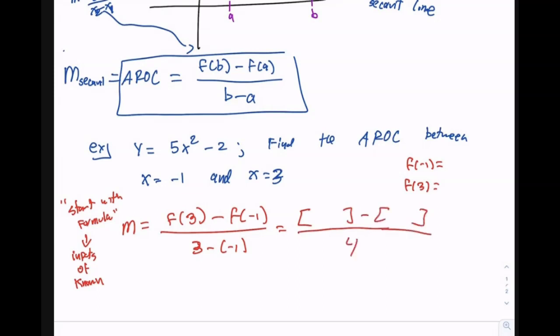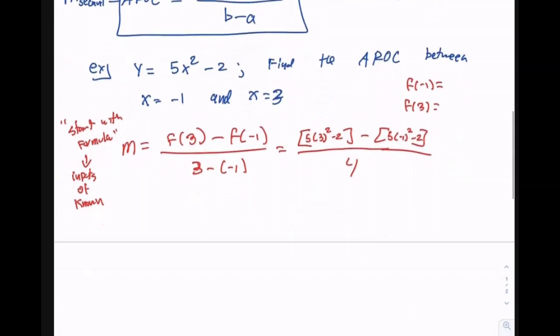So 3 minus negative: 5 times 3 squared minus 2, minus brackets 5 times negative 1 squared minus 2. If you don't use the brackets, which are just big parentheses, most likely you'll be off by a negative sign or distributing a negative. If you don't, this minus 2 turns into a plus 2 when you do it by hand, so you have to be careful there.